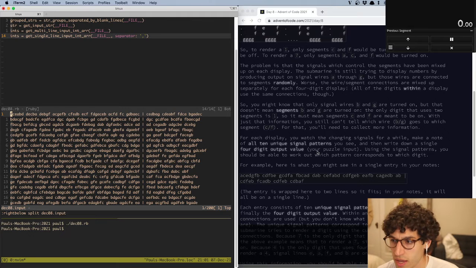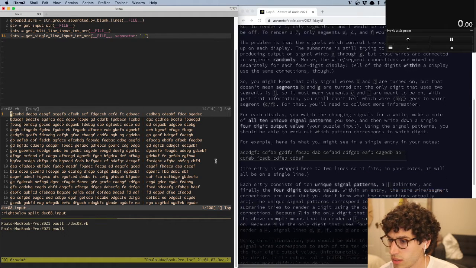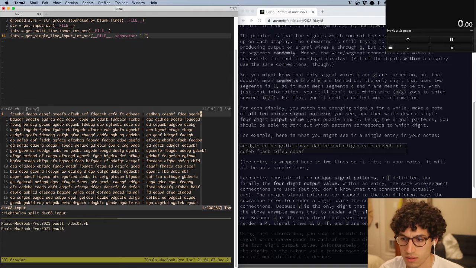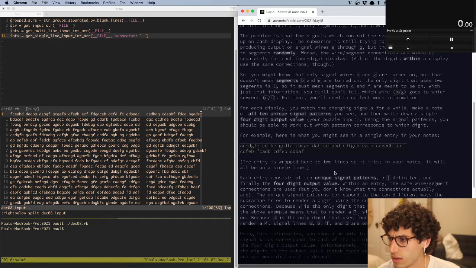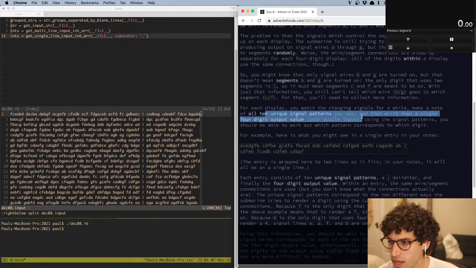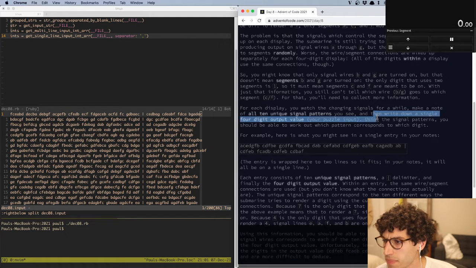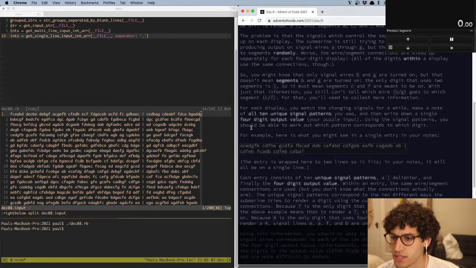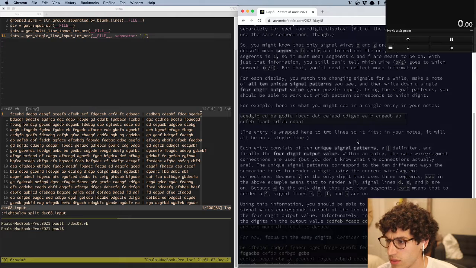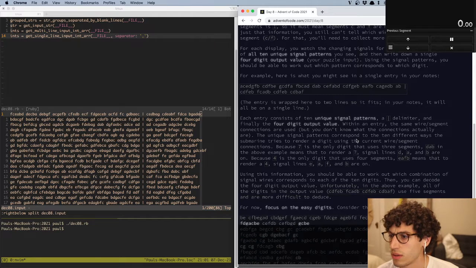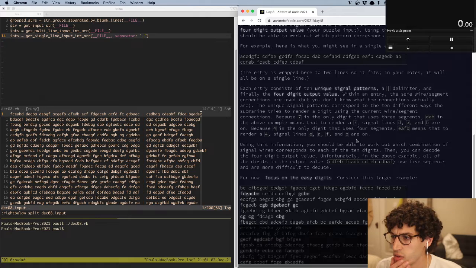For each display, you see all 10 unique signal patterns, and then write down a single 4-digit output value. Each entry consists of 10 unique signal patterns, a delimiter, and then finally the 4-digit output value.